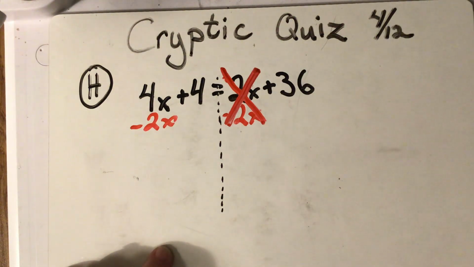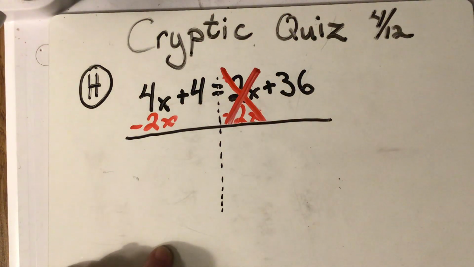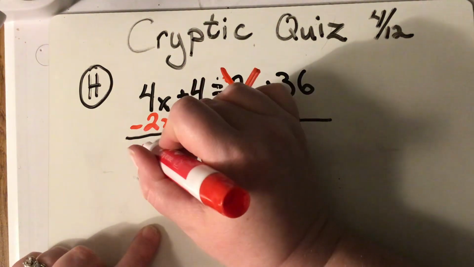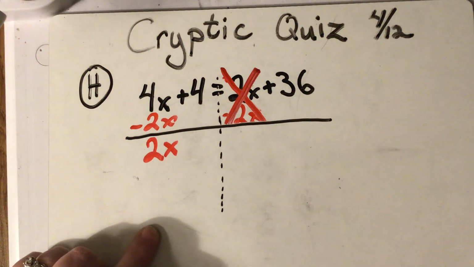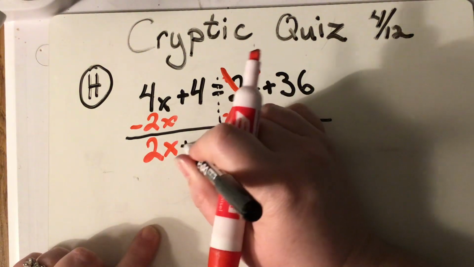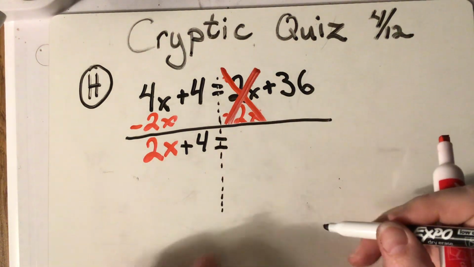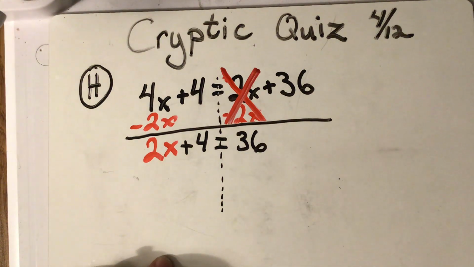Okay. And we draw my line. So I see what we're left with. Okay. 4 minus 2 is 2x. And now I'm going to bring down my plus 4 equals, that's gone, 36. Okay. Now we know what we're doing.